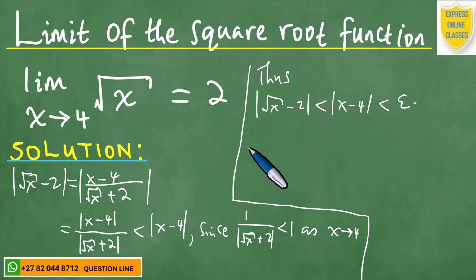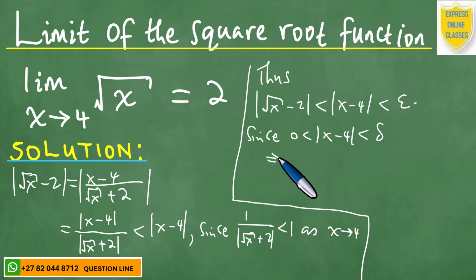So what we need to do is say that since we know 0 is smaller than the absolute value of x minus 4, which is smaller than delta, this is minus delta smaller than x minus 4, which is less than delta.